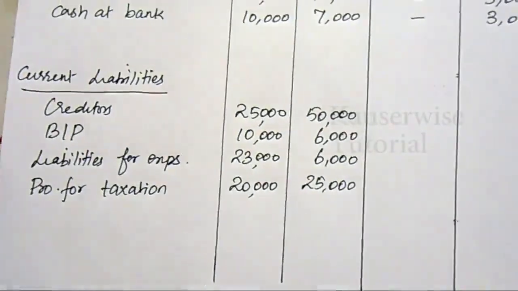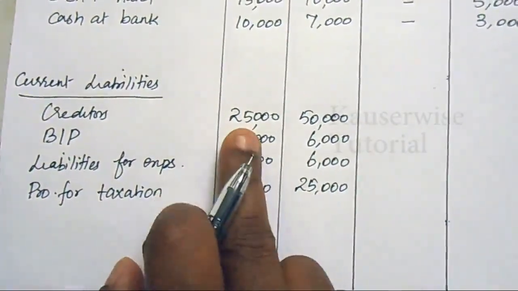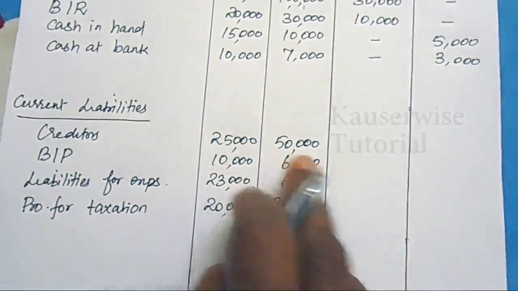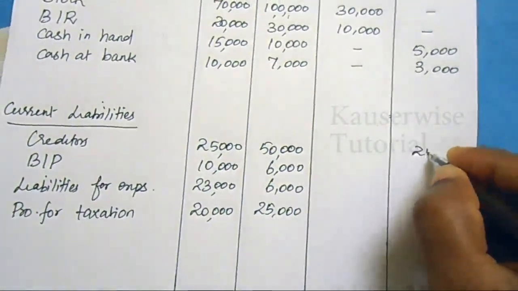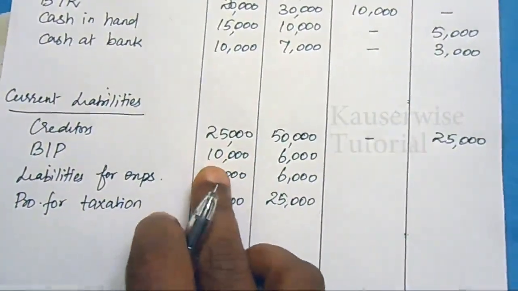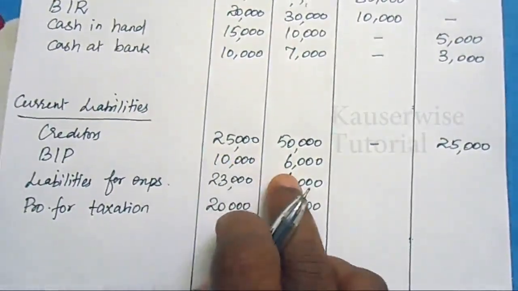In the same way, find out the changes in working capital for liabilities also. First year 25,000, next year 50,000, increased. When current liabilities increase, working capital will decrease. How much? 25,000. Then bills payable. First year 10,000, second year 6,000, decreased.